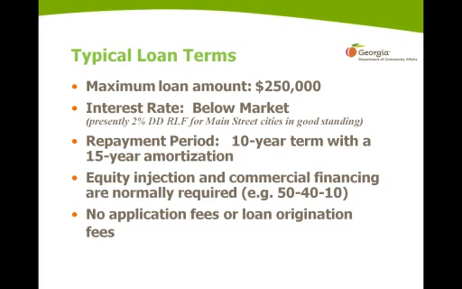So for those of you who are not bankers, what exactly does that mean? It means that with a 15-year amortization, we can offer you a lower interest rate and a lower monthly payment over a 10-year period.